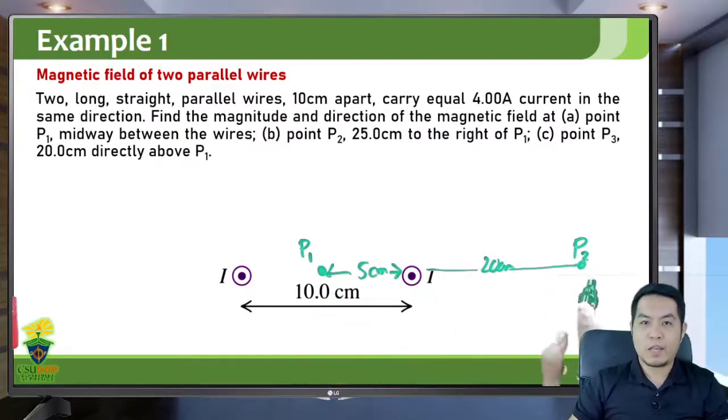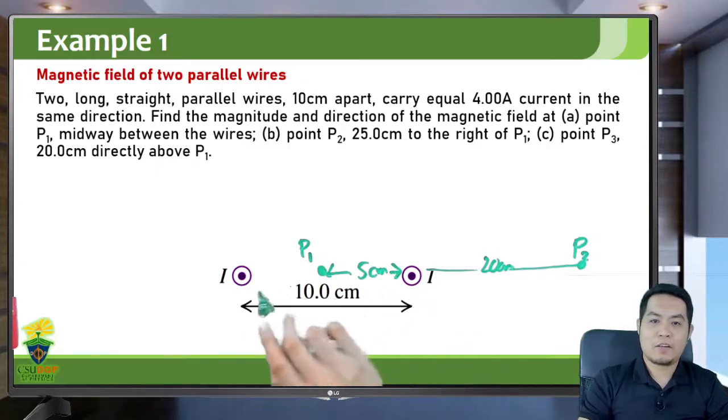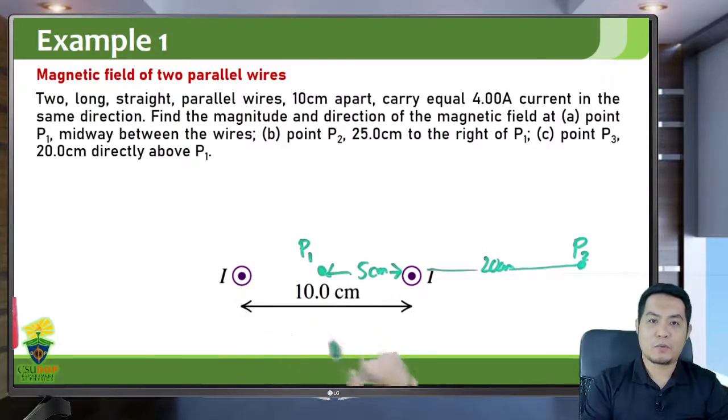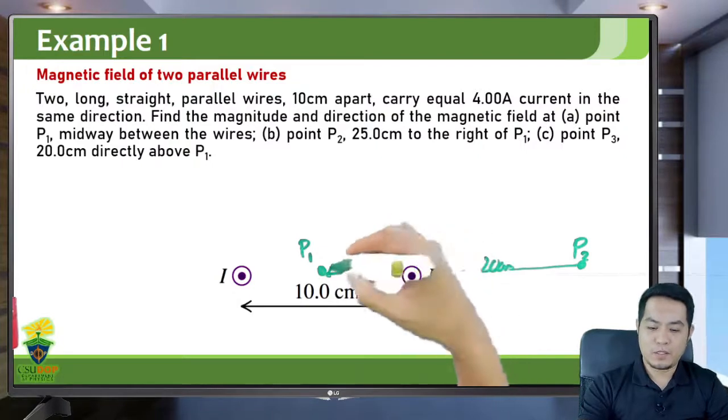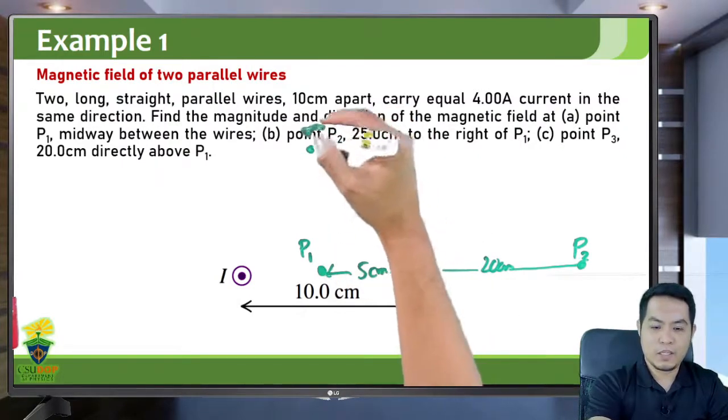So P2 is 25 centimeters to the right of P1, which is 20 centimeters from this wire here, and 30 centimeters from this first wire here. And then point P3 is 20 centimeters directly above P1. So directly above P1, this is your P3 here.